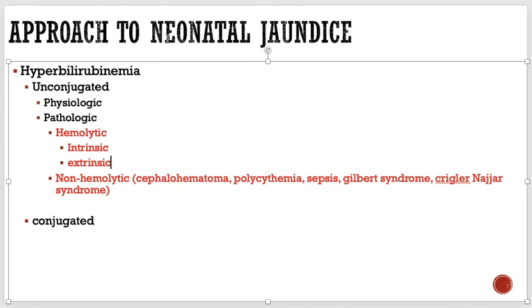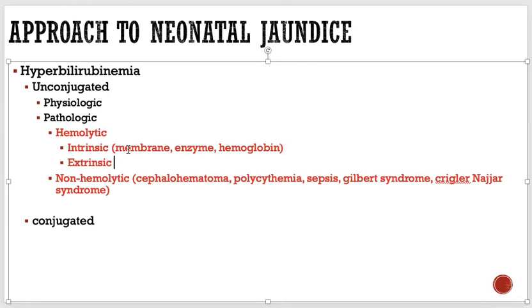By intrinsic I mean, for example, the RBC's membrane is not normal. In that case the RBC's shape is not biconcave, rather they are sphere-like, called spherocytosis. Or there is some enzyme deficiency, for example glucose-6-phosphate dehydrogenase deficiency or pyruvate kinase deficiency, or there is an abnormal hemoglobin type, for example in thalassemias.